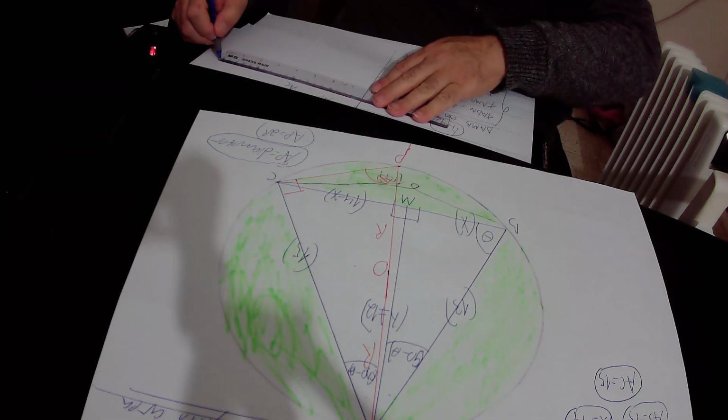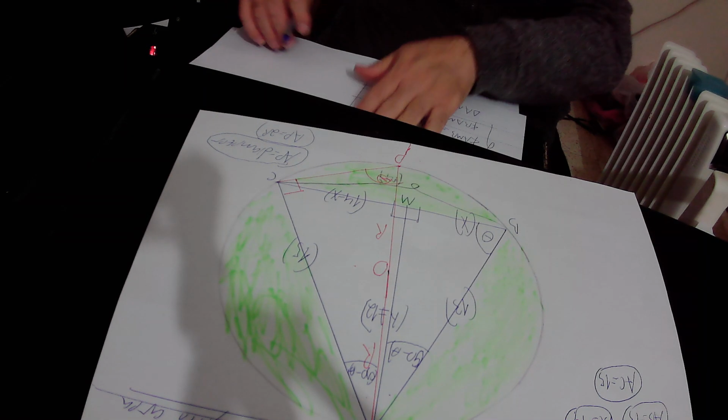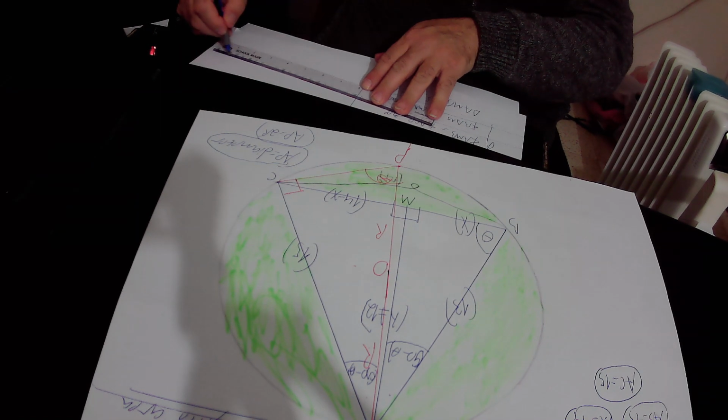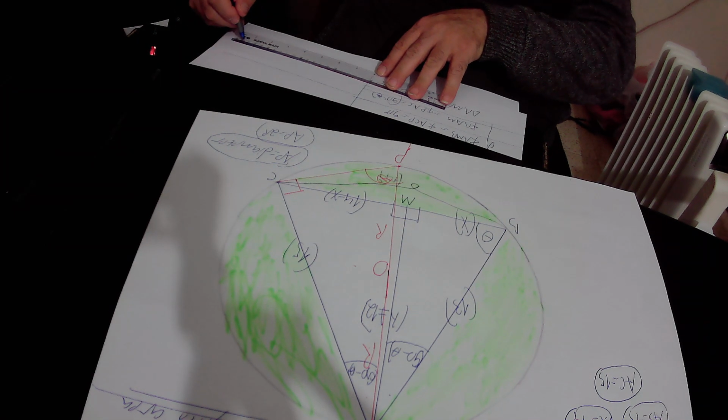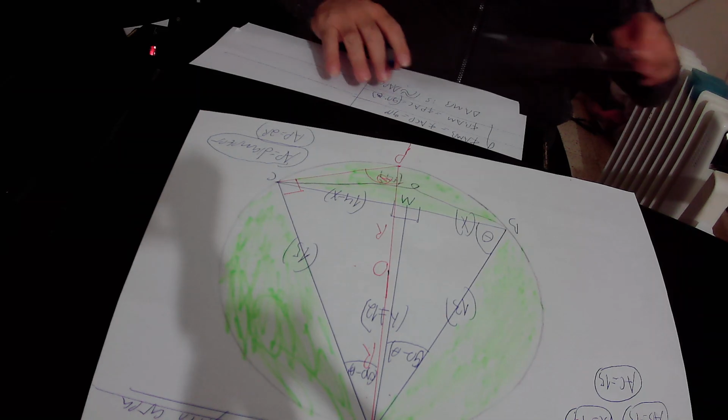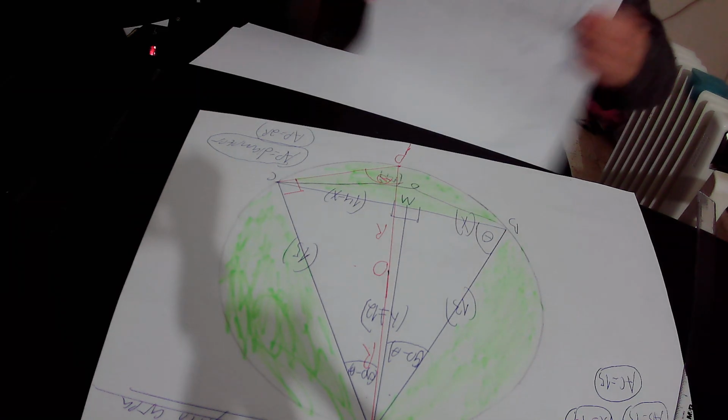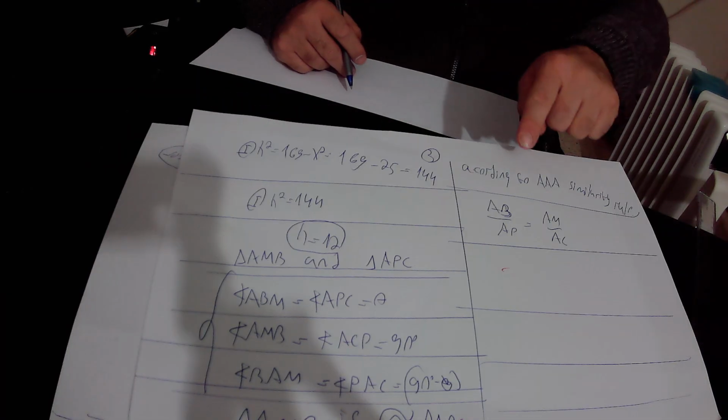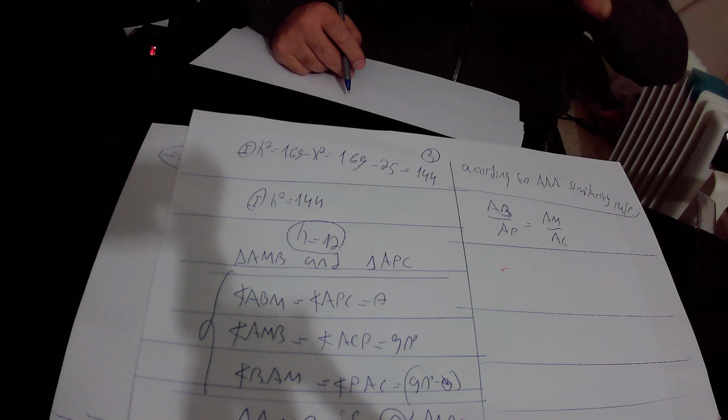Repeat again. We derive that AB over AP equals AM over AC.